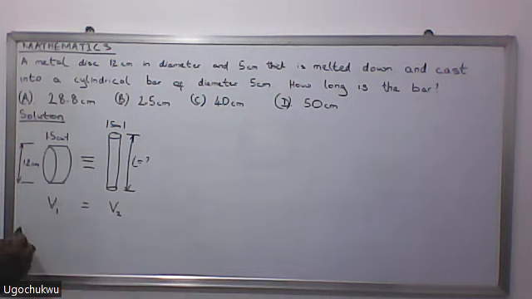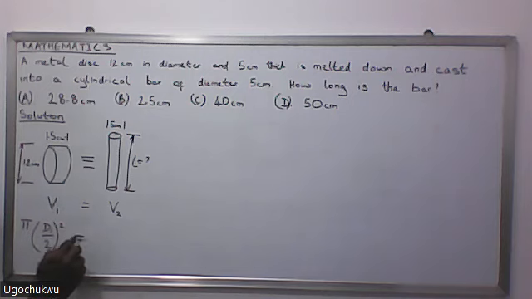In our situation, it is pi, where radius r is d over 2, squared, times h. In this case, h is going to be the thickness.